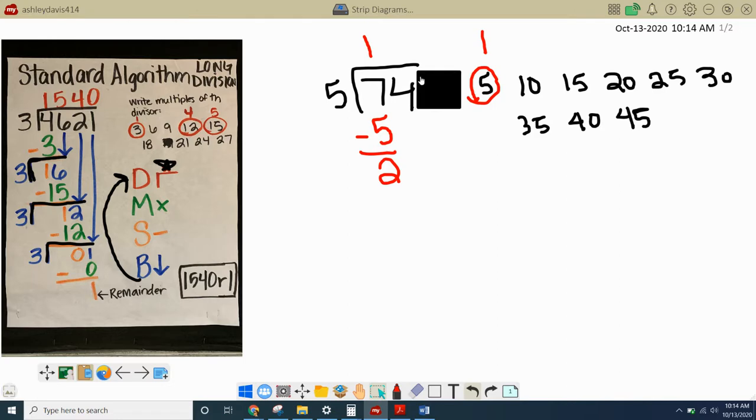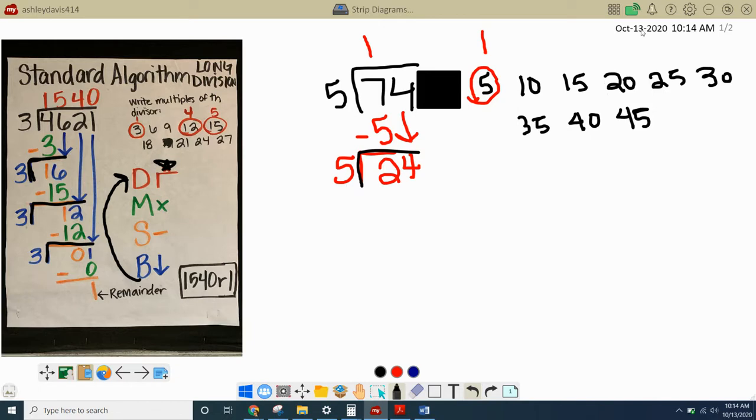So I bring down my next digit, which is a 4. Bring down the door and the digit, divide once more. So now I have a new division problem: 24 divided by 5.